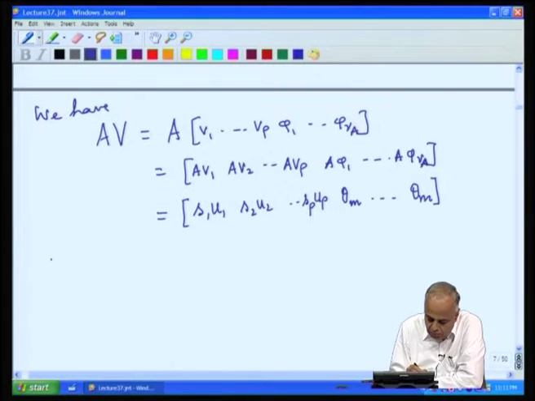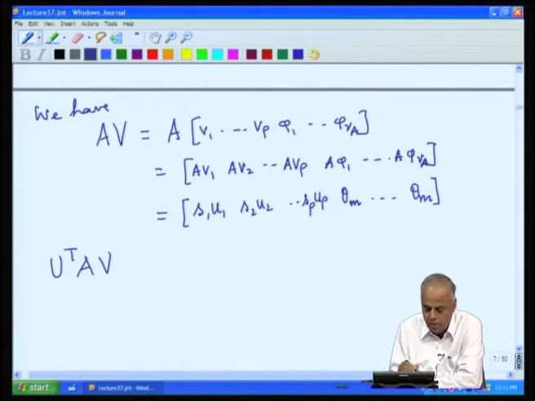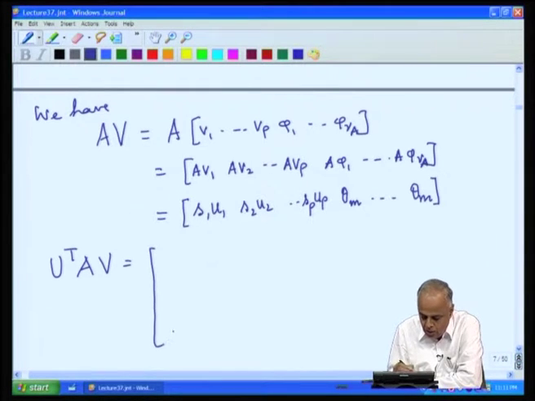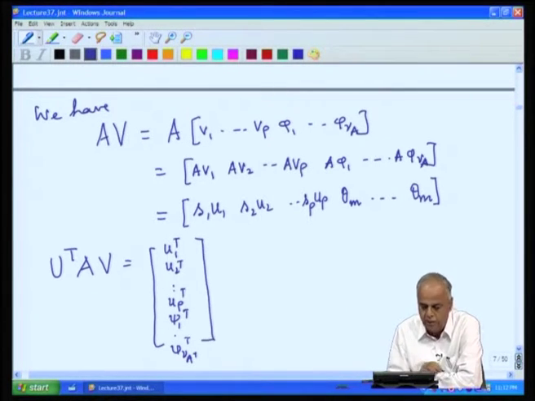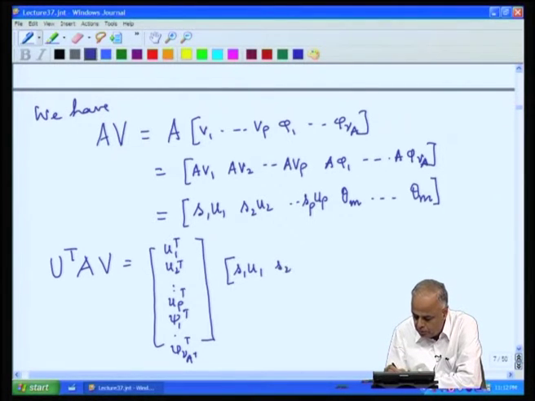Now, let us multiply this matrix by U transpose. U transpose is U 1 transpose, U 2 transpose, U rho transpose, psi 1 transpose and psi nu A transpose. That is U transpose into S 1 U 1, S 2 U 2, S rho U rho, theta m, etcetera theta m.